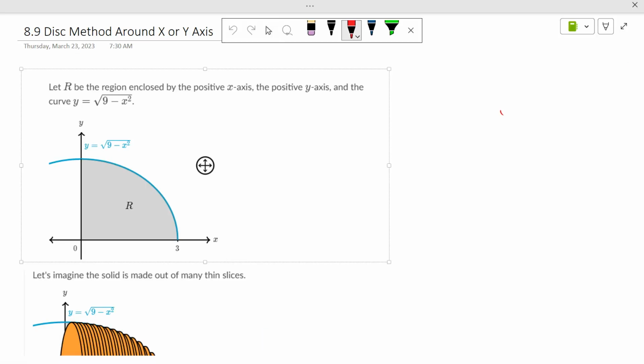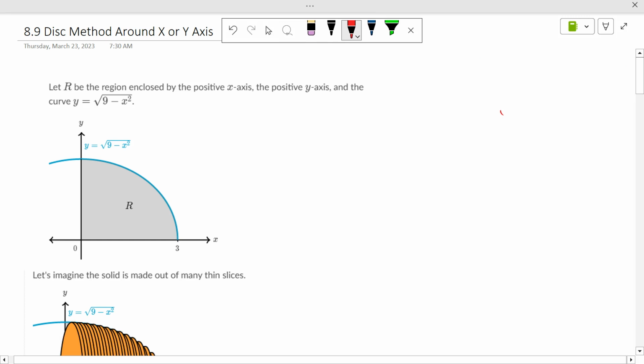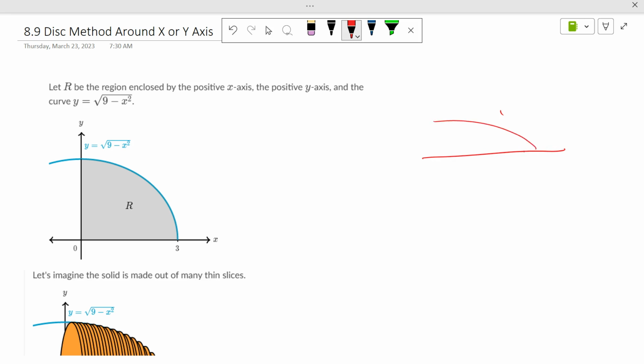Here we go. The disk method. What we've been doing in the last two sections is taking a shape like this and making squares and rectangles and triangles and semicircles. Part of it was a flat surface.